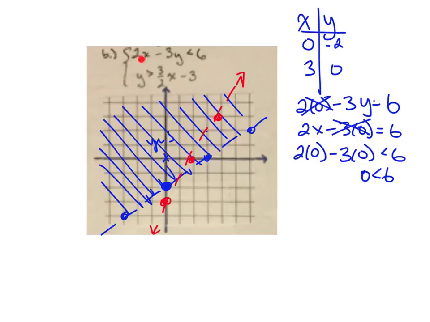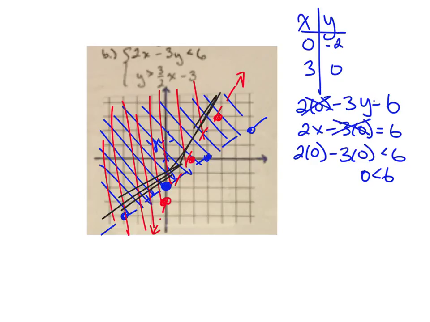For this inequality, it does say y is greater than. So since y is talking about up or down, up is greater than down, which means I'm going to shade above this line. Our solution is going to be the overlap, which ends up being this region right here.